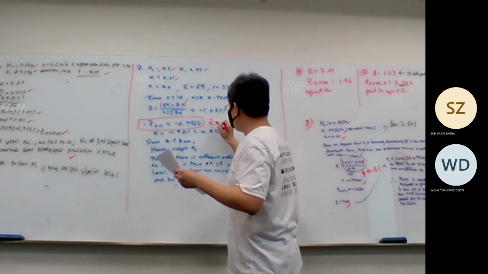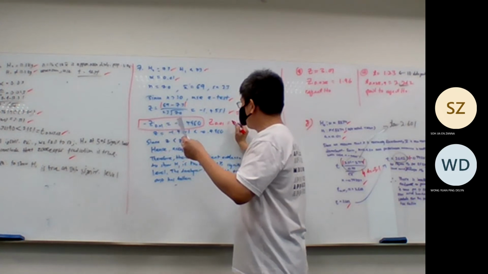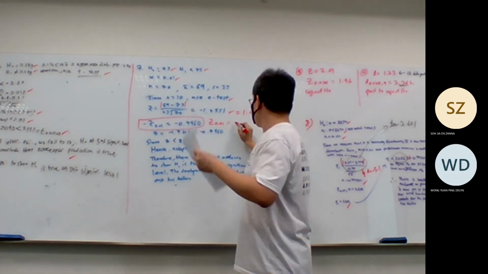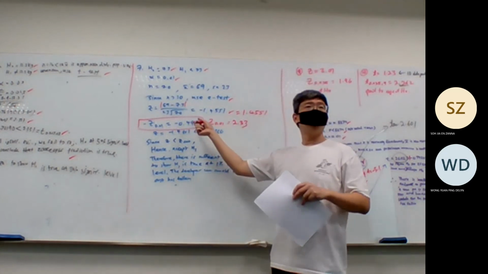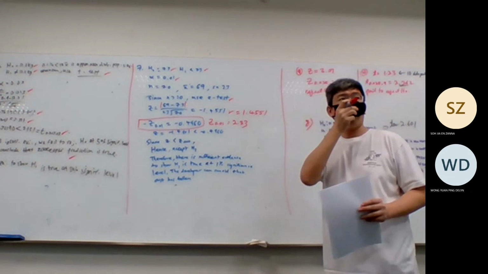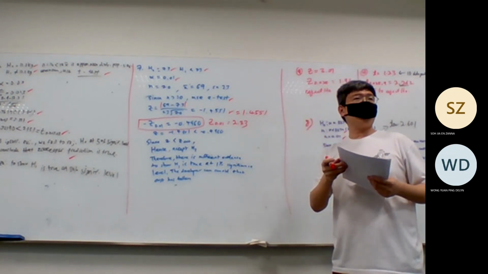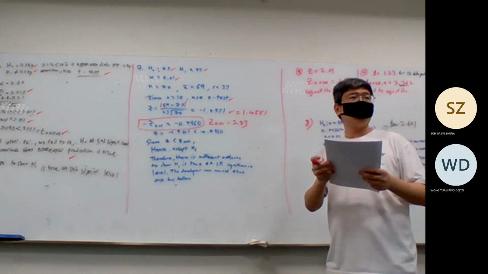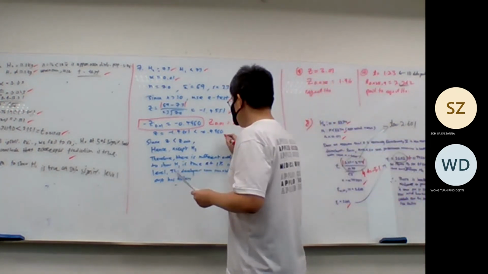The critical value is supposed to be 2.33. How do you get this? Yeah, you read the wrong side of the table. Okay, so automatically this is wrong already.